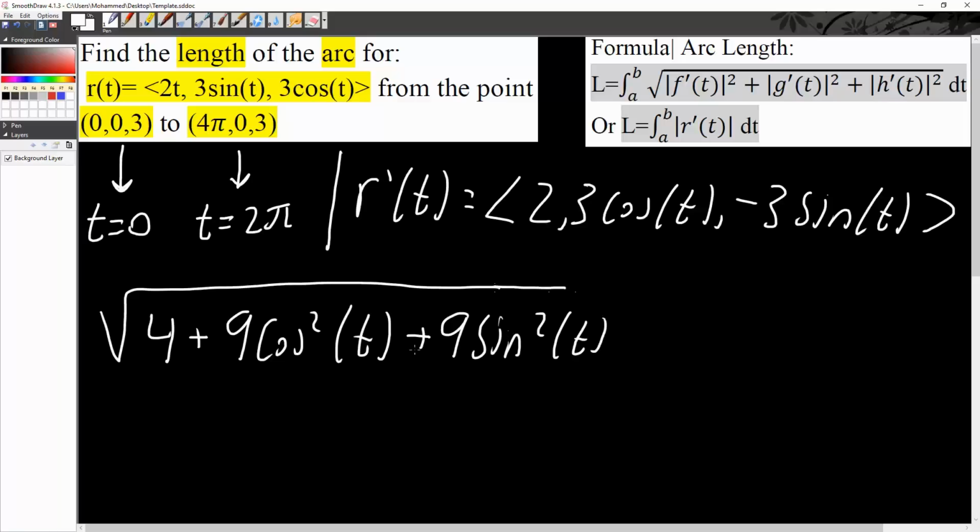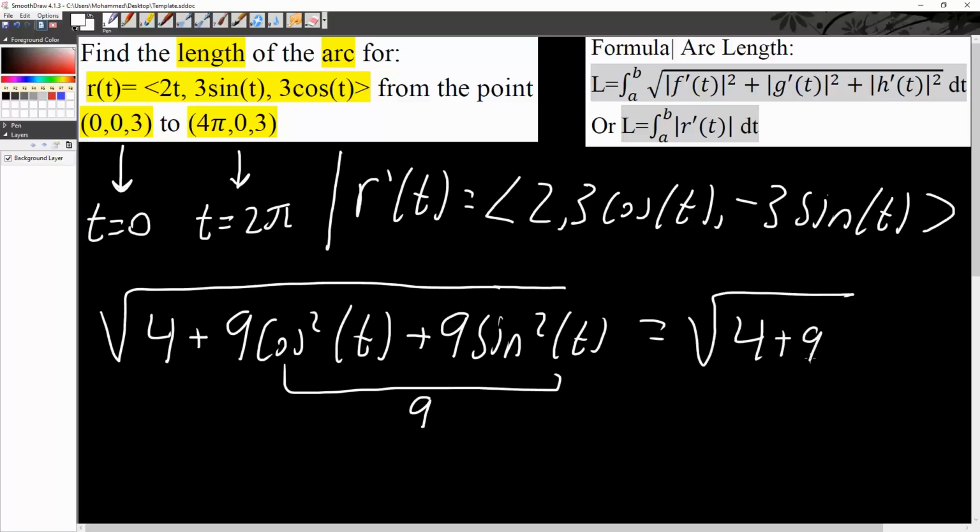And now we use a trig identity. So 9 cosine squared t plus 9 sine squared t would simply be 9. So what we have here for this term right here would simply be the square root of 4 plus 9, which equals square root of 13.